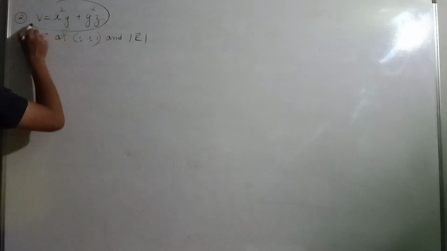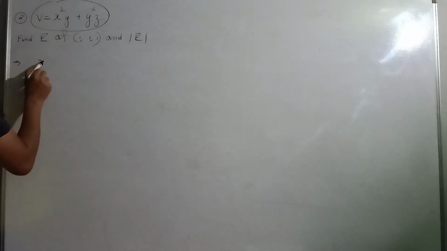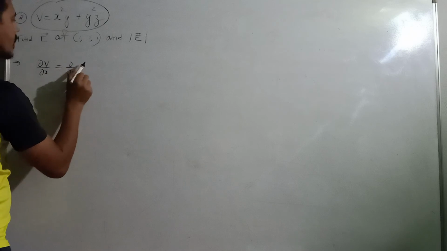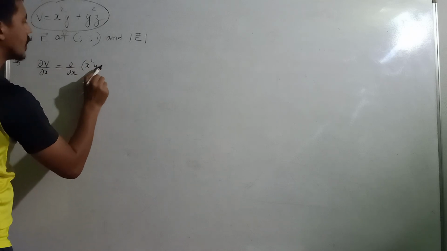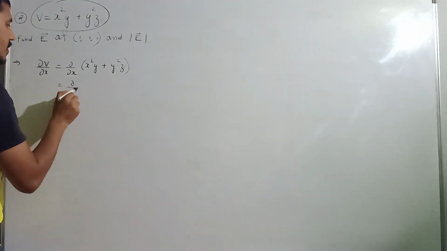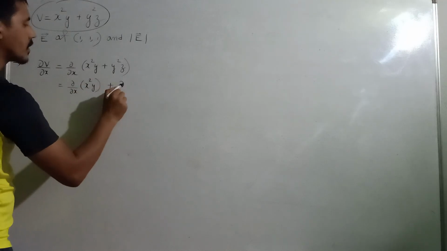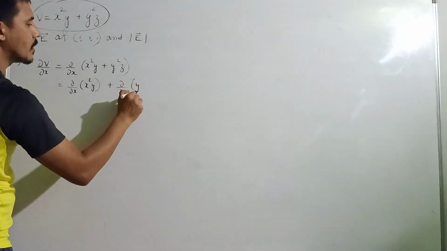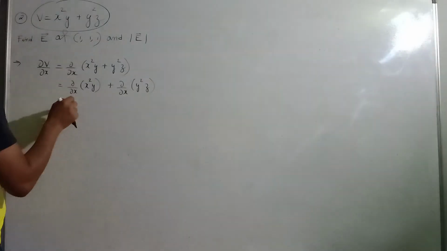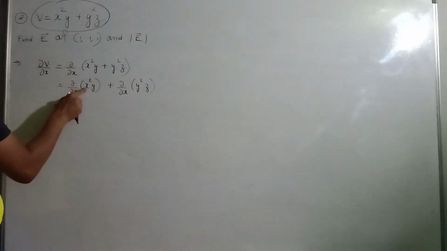This is your V. So your del V by del x will be del by del x of x square y plus y square z. So that is del by del x of x square y plus del by del x of y square z, correct? I'm differentiating with respect to x.